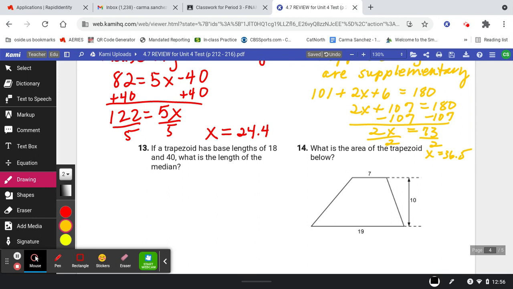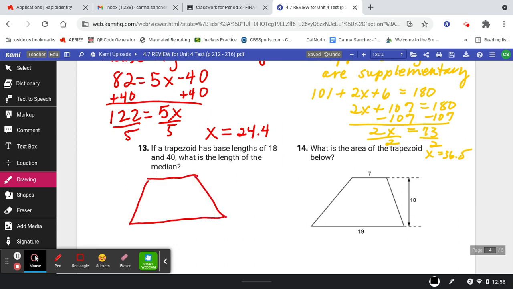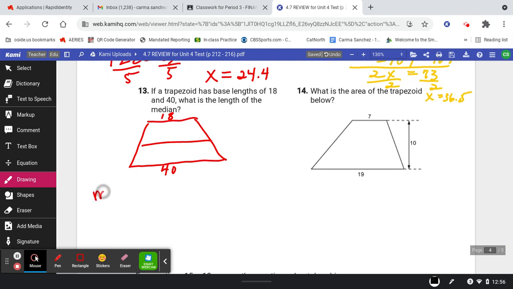Next, it's saying if a trapezoid has a base length of 18 and 40, what's the length of the median? So let's draw it out. So 18 and 40, what's the length of the median? We know that the median is equal to half of the sum of the bases.